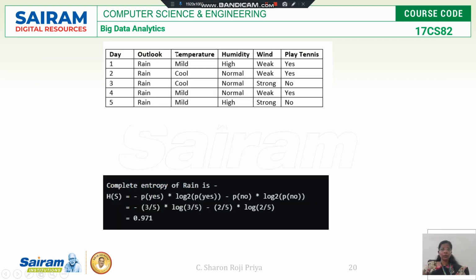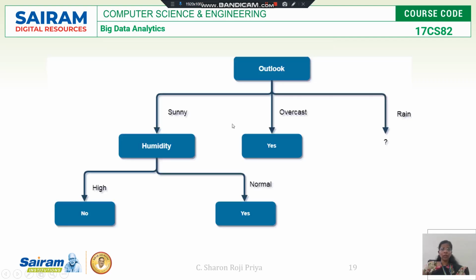Now you check this rain has temperature, humidity and wind. And in that, sorry, humidity won't come, because see this decision tree, we had only 4 attributes: outlook, temperature, humidity and wind. In that, outlook is over, humidity is over. Next, you will be having only temperature and wind.